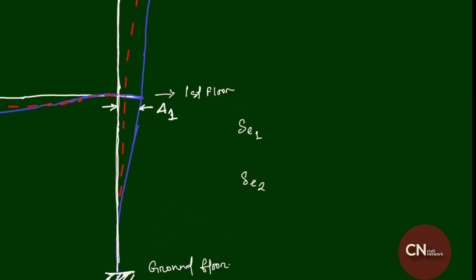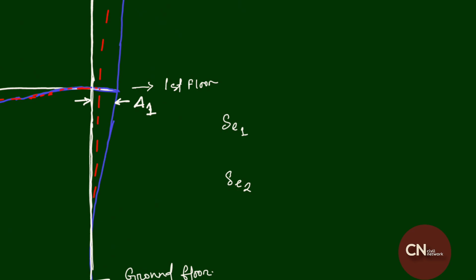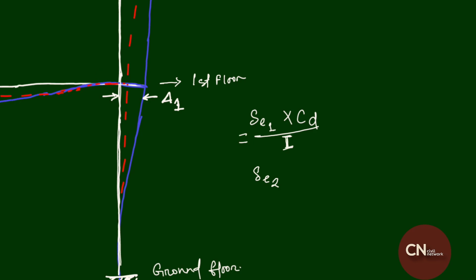As per the code provision, we have to convert this elastic displacement to the inelastic displacement. To do that, we have to multiply our elastic displacement with the displacement amplification factor Cd and divide by the importance factor I. By doing this we will get the inelastic displacement delta 1.